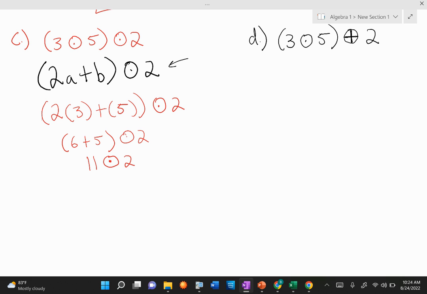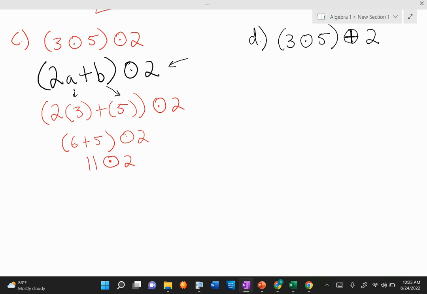Then we substituted in, what did we substitute in for a on this first part? 3. What did we substitute in for b? 5. After we finish working out the stuff on the inside of the parentheses, we should end up with 6 plus 5, which comes out to 11. And then you tack on what you still had on the outside. So you have 11 black pearl 2.